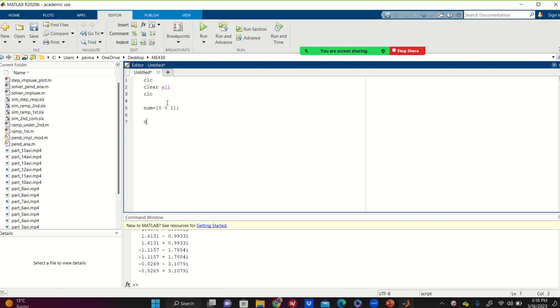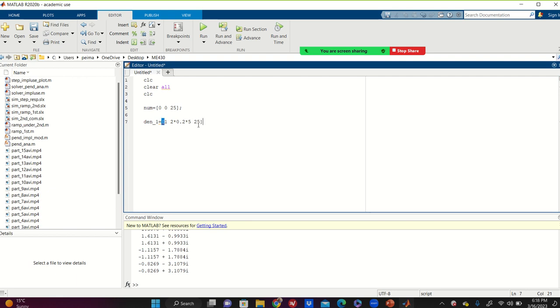Your num is this. Your den is for an underdamped system. I'm gonna make one underdamped system with zeta 0.5. Let me do this: 1, 2 multiplied by 0.2 and omega n. I'm gonna make omega n this 5, because omega n squared is here.